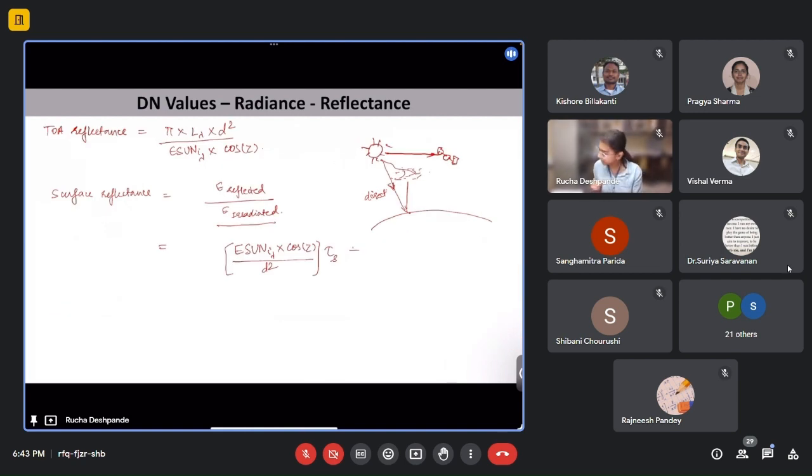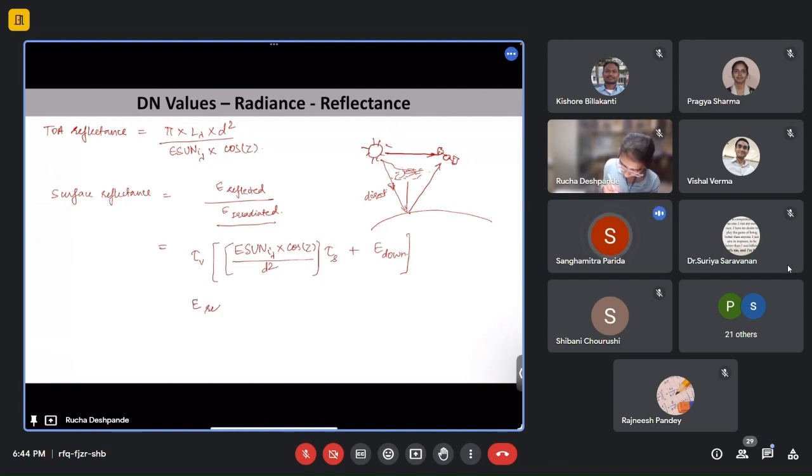Also, to this we add another term, E down. This is the diffuse skylight. This entire thing is multiplied by tau v, which is the transmissivity between Earth surface and the sensor, to give E reflected.